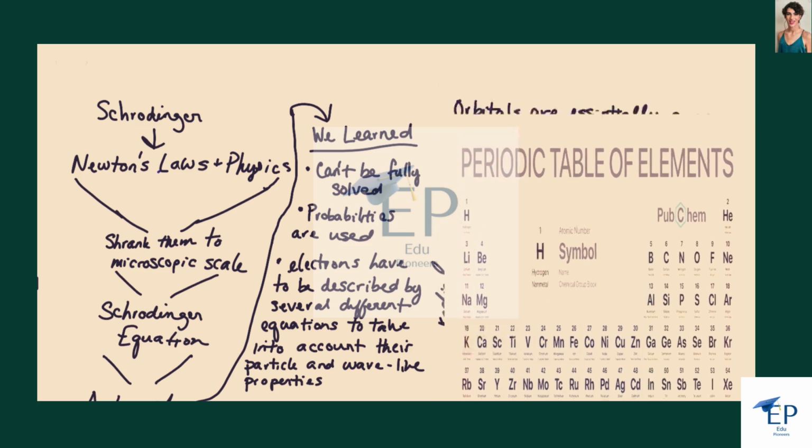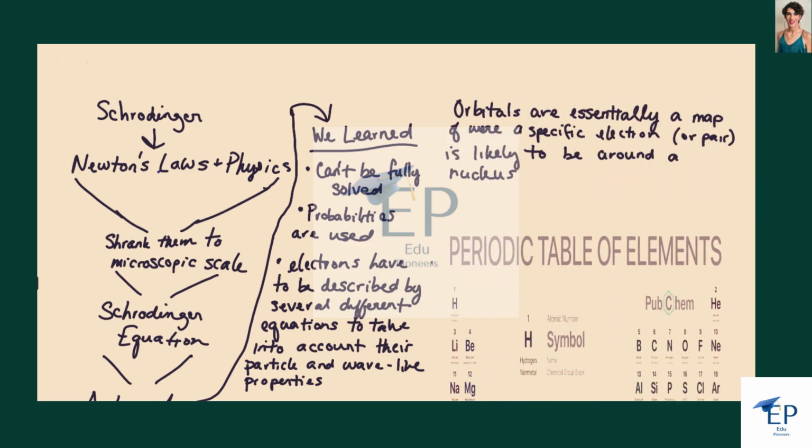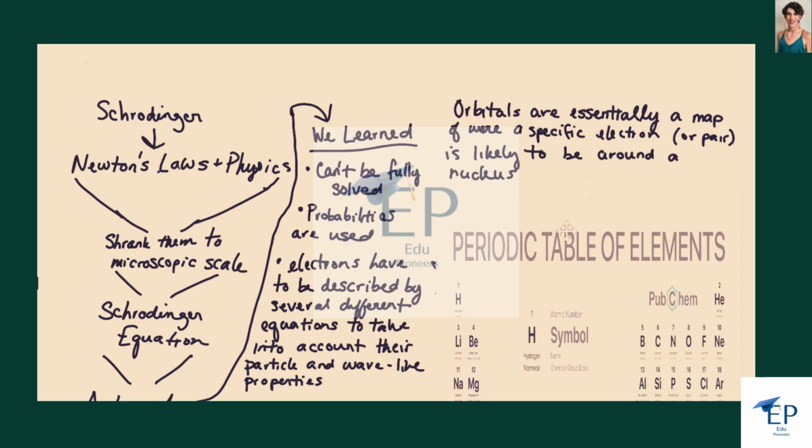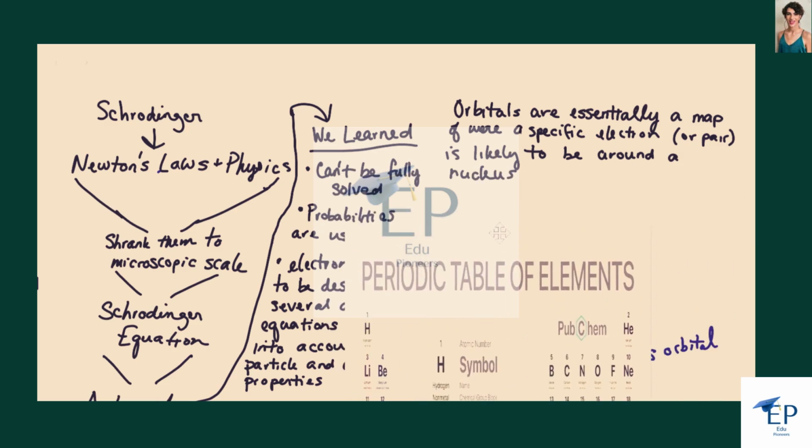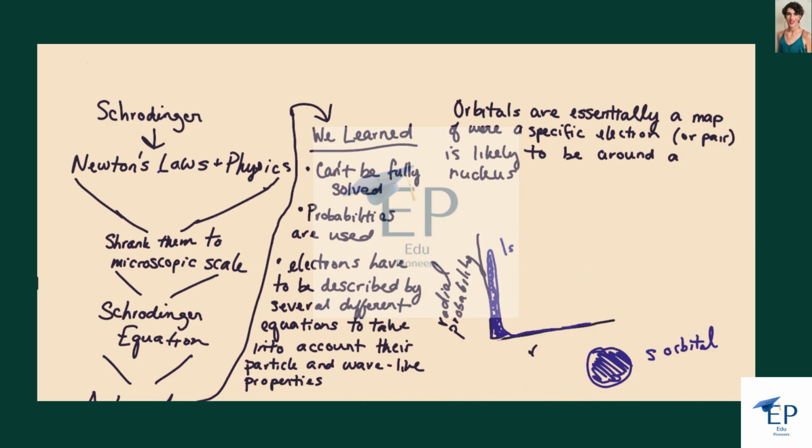More specifically, orbitals are essentially a map of where a specific electron or electron pair are likely to be around the nucleus, all right? So the atomic orbital is described by the first 3 quantum numbers, which is the probability of where it's supposed to be, and then the spin of the electron is described by the last quantum number.